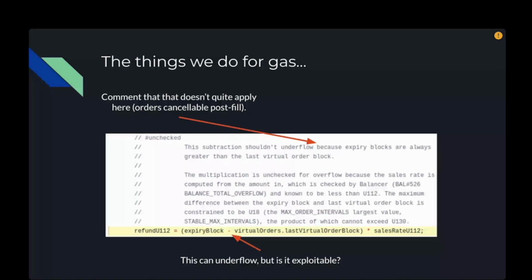What this calculation is trying to do is figure out how many tokens you had said you were going to sell but didn't get sold because you canceled your order early, so those will be sent back to you.